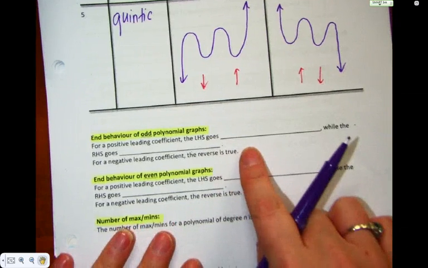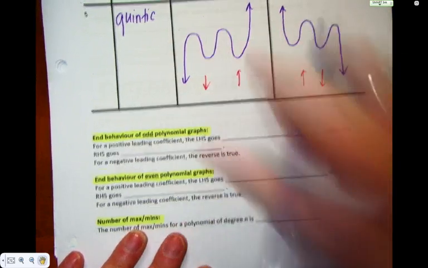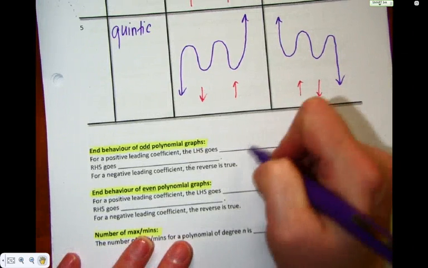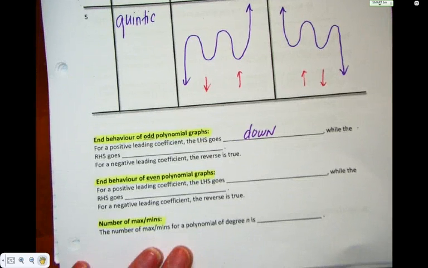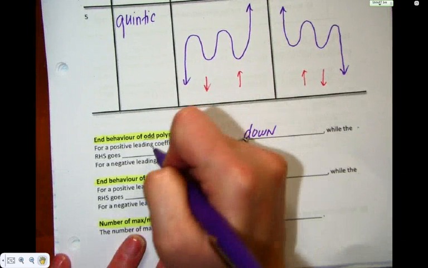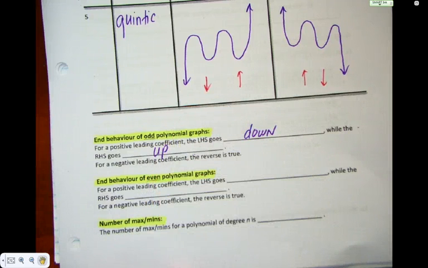The left-hand side goes down, while the right-hand side goes up. And for a negative leading coefficient, the reverse is true.